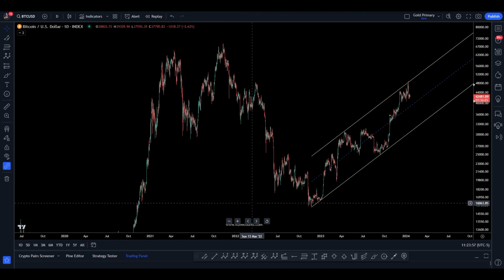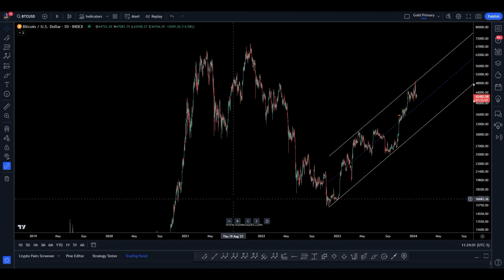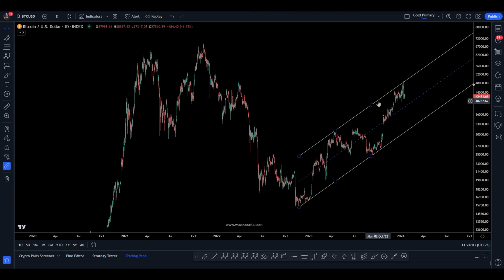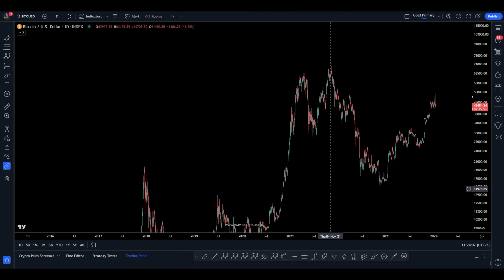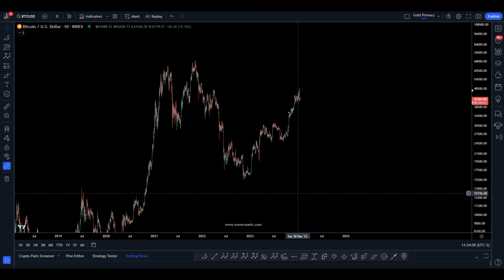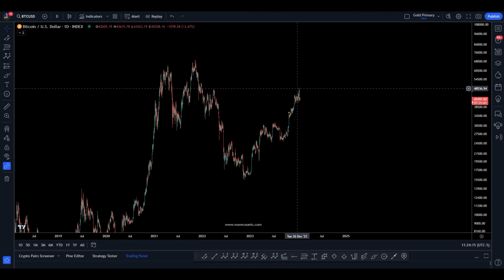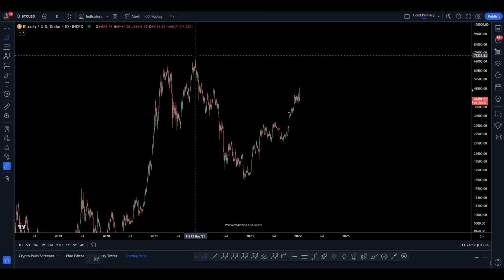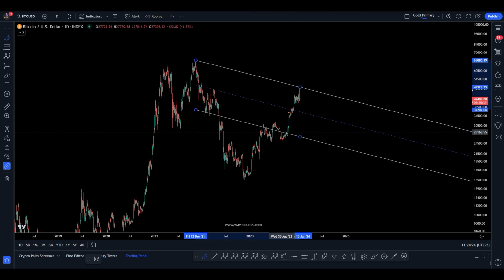Impulses break those channels, okay, which would mean, let's just say, for instance, that this topped, right? You do the same thing in reverse, because it's like a 3-wave move.